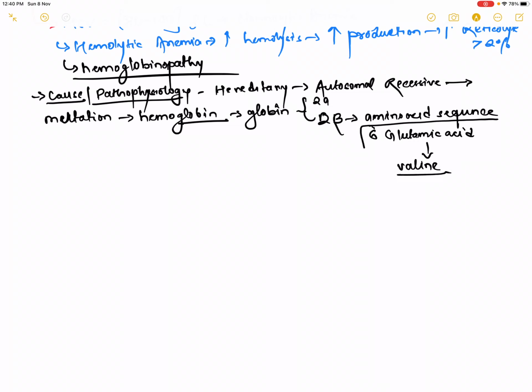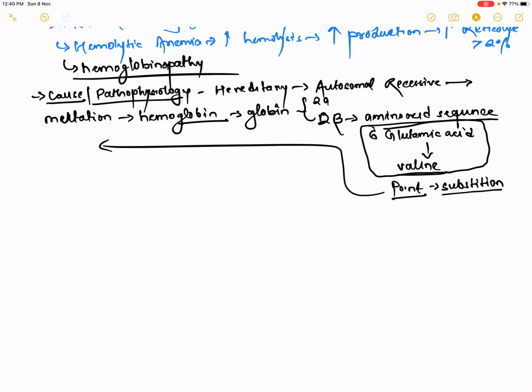So this is a substitution mutation, a point mutation, which gives rise to a condition known as sickle cell anemia. After this mutation, the hemoglobin that forms is not the normal hemoglobin, HbA. It is known as HbS.